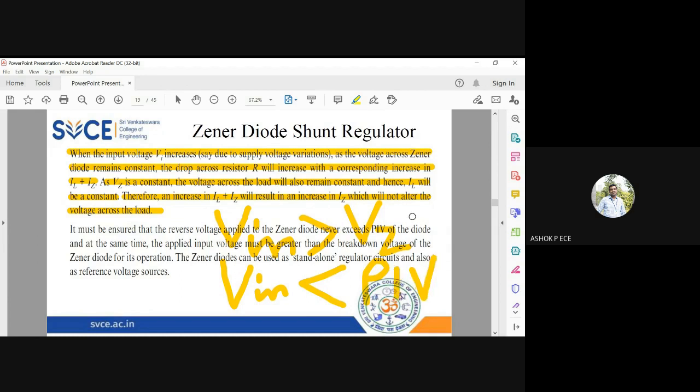The first condition ensures that a constant voltage is available across the diode. The second condition ensures that the diode is not destroyed when it is operating in the breakdown region. When these two conditions are satisfied, the Zener diode can be used as a reliable voltage regulator component in your circuit.